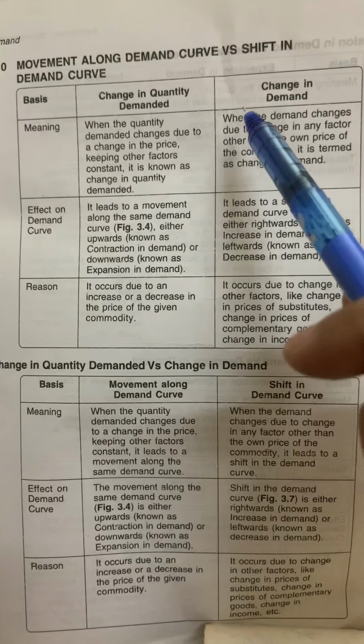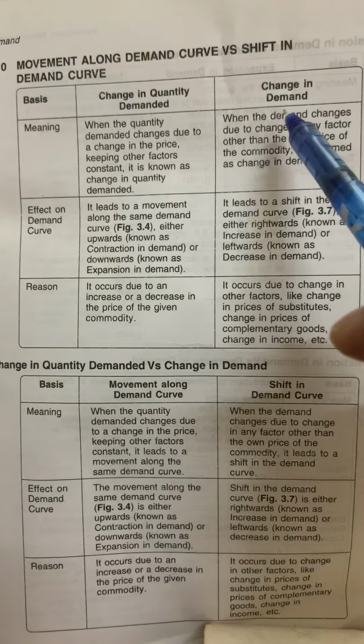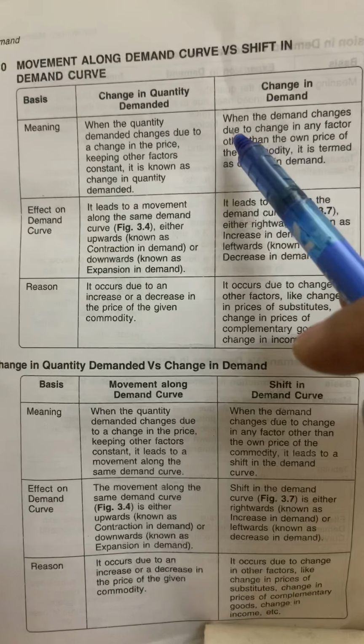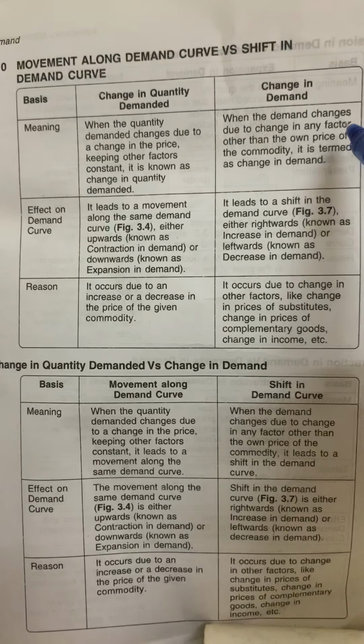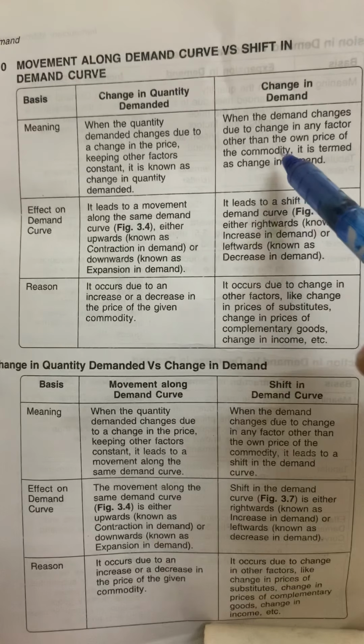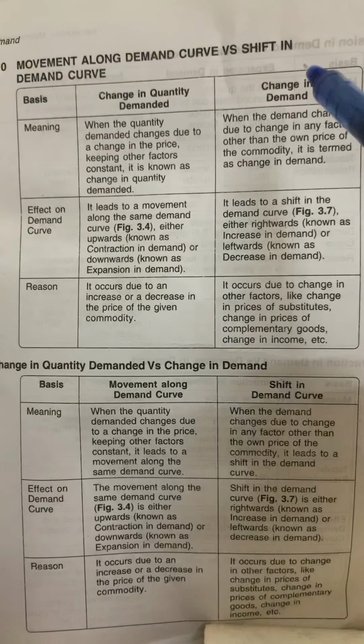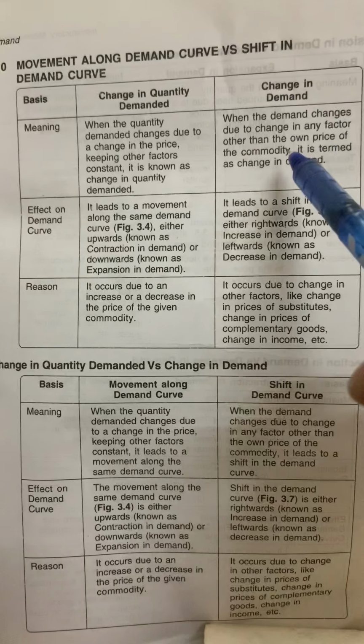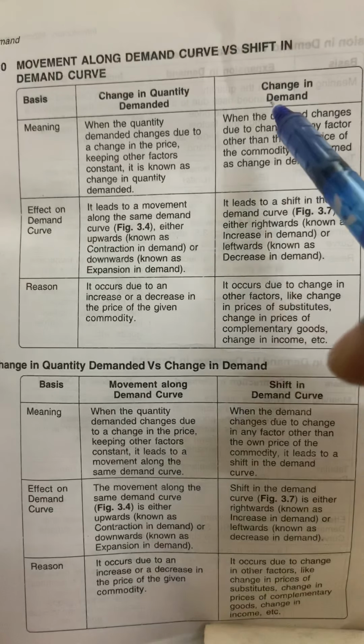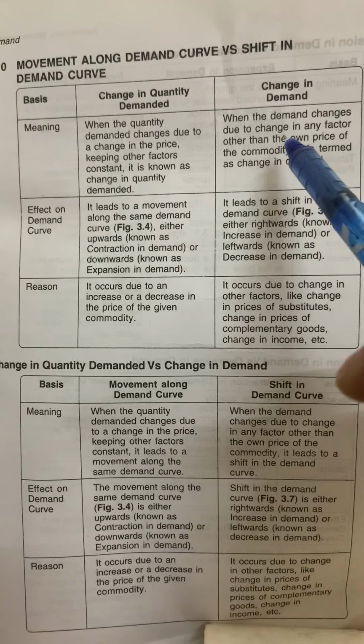Change in demand: when the demand changes due to change in any factor other than the own price of the commodity, it is termed as change in demand. Here, students, the price of the commodity is not changing. Price of the commodity is constant.